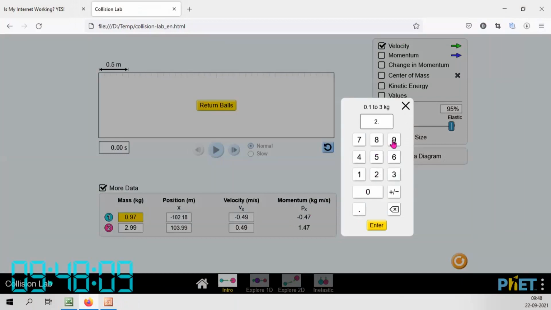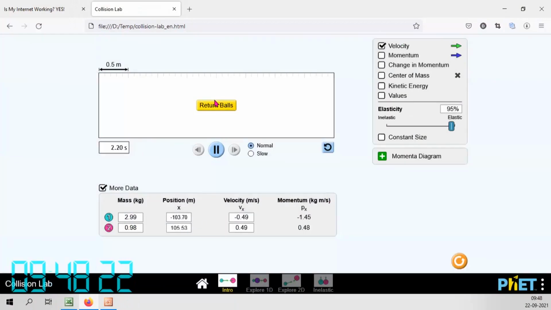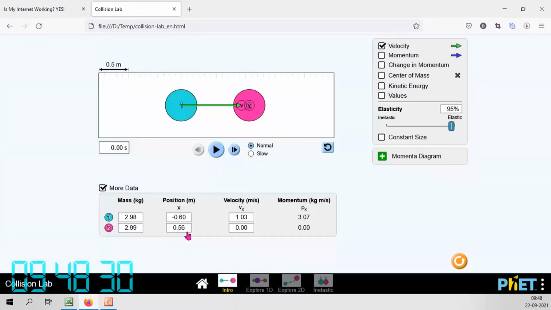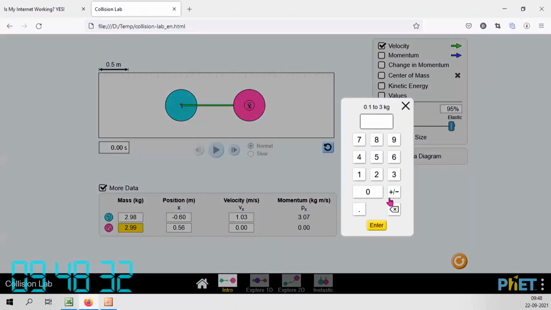So I'll put to show variability 2.99. Then right is 1, 2.98. Sorry, I have to turn the pulse. 2.98. 0.99.